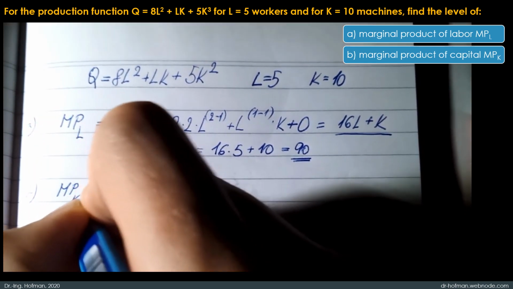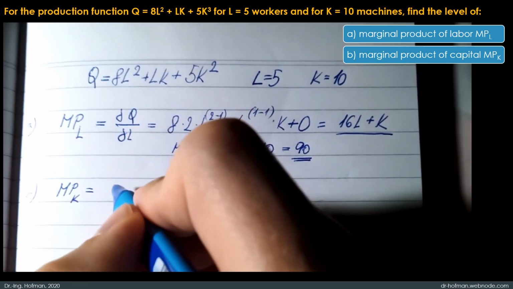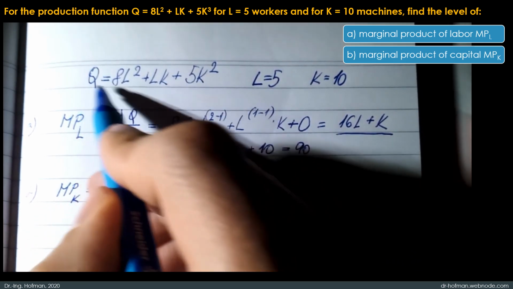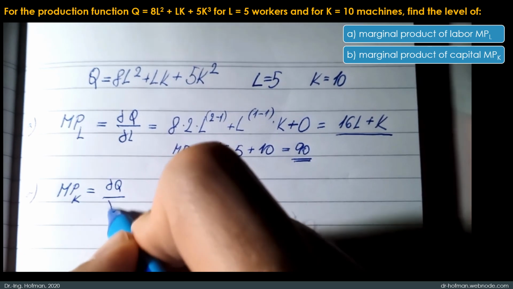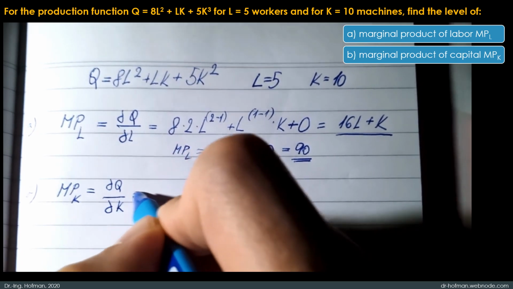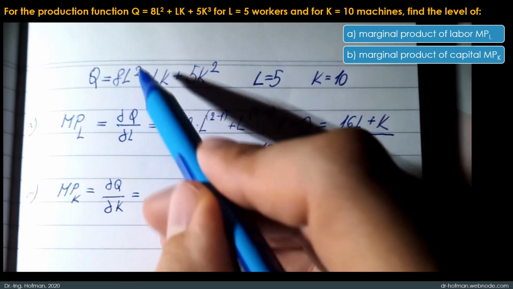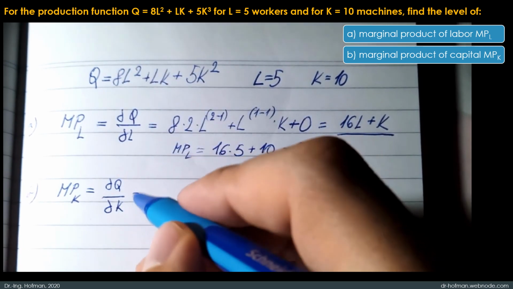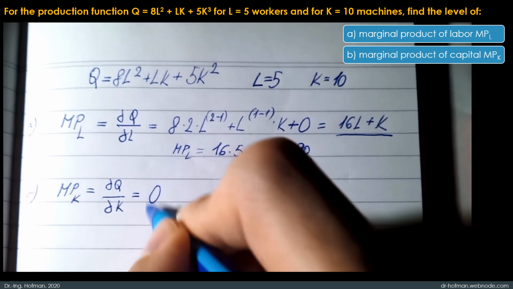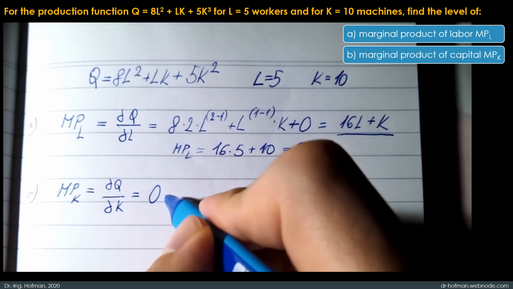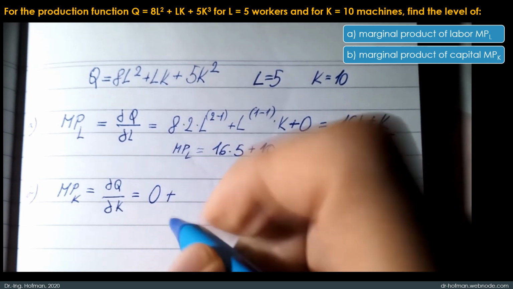Let's calculate marginal product of capital, MPK. In the B point, you know that marginal product of capital is the derivative of Q according to K. From 8L squared it is 0.